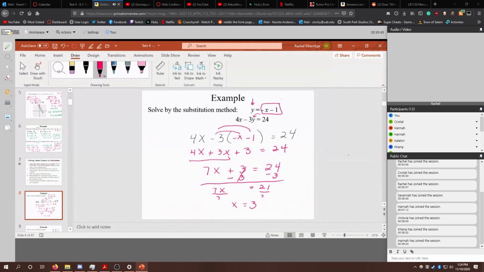So we're not done. We go back, and I would use the one where y is already solved for. So we got to back substitute into one of the equations. So it makes the most sense to back substitute into the one that already says y equals negative x minus 1. So I'm going to take that x equals 3, and I'm going to put it right there.